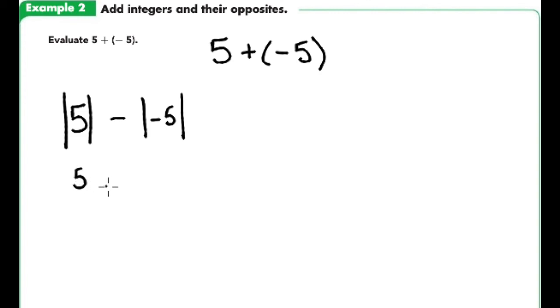The absolute value of 5 is 5 minus the absolute value of negative 5 is also 5. That leaves us with 0 as our answer still. So those are 3 different ways that we could show that this equals 0.